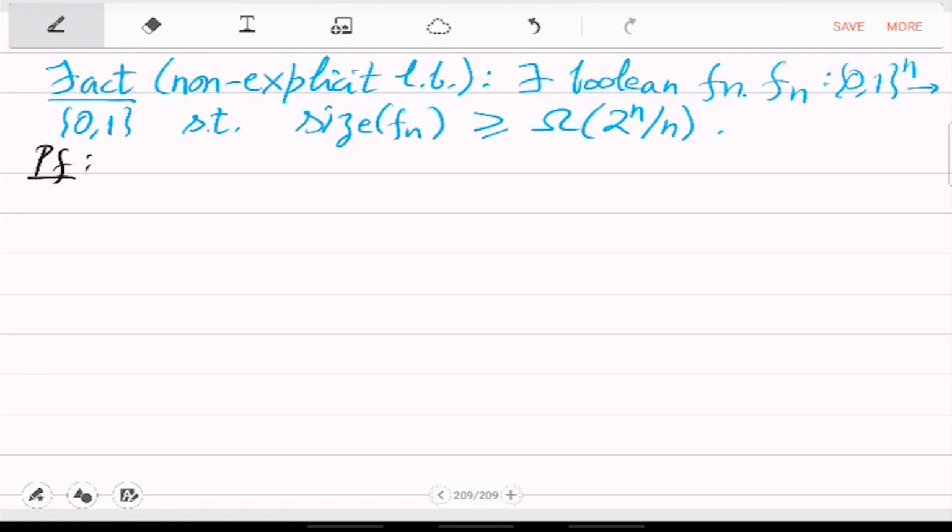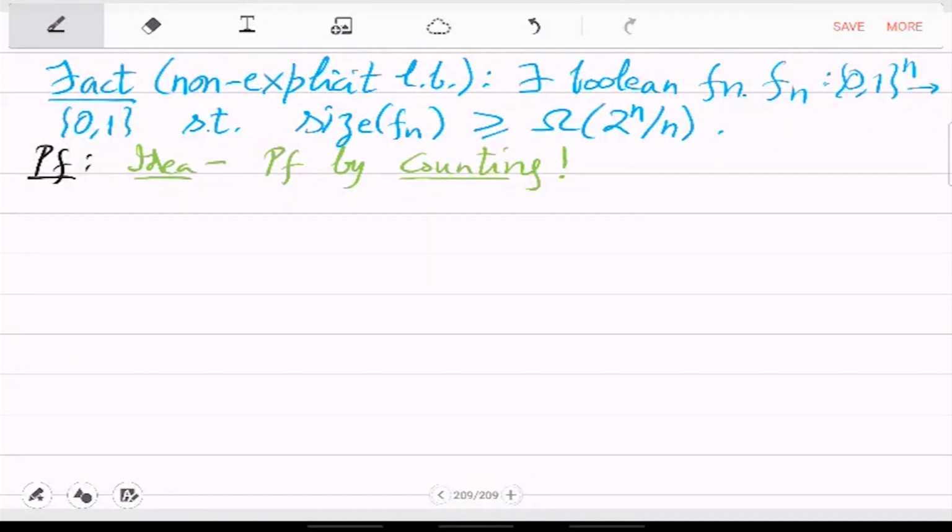Okay, so this is why this is a non-explicit lower bound. The idea is just by counting. Proof by counting. So, usually we refer to these kinds of proofs as proofs by counting.